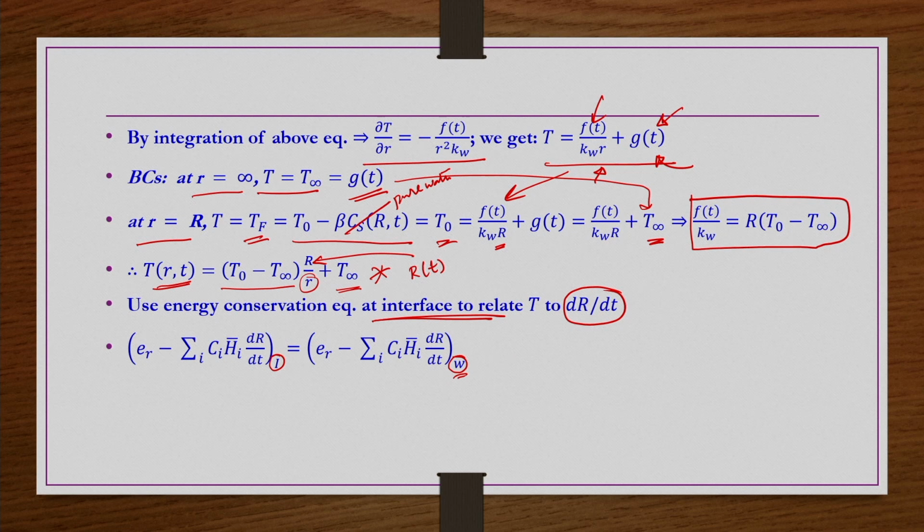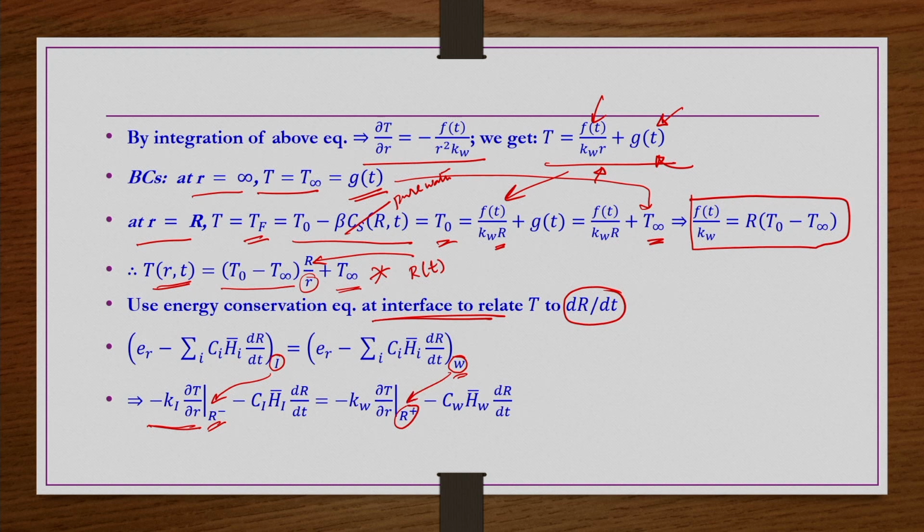Now this E_R is nothing but minus K dT by dR. Again, we are replacing this I by R minus just to indicate that it is towards the ice side, and this W we are replacing by R plus, indicating towards the liquid side or water side, because it is pure water.